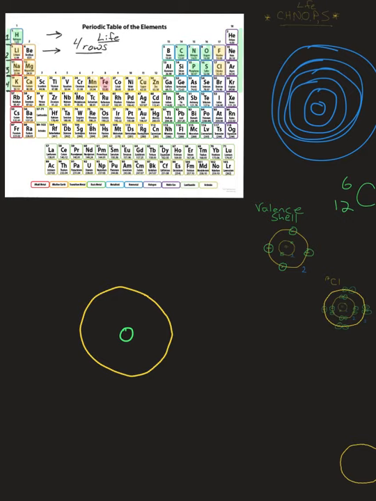Oxygen has how many in the outer shell? This is the valence shell. It's only 6, so I can go ahead and put 6 electrons in the outer shell: 1, 2, 3, 4, 5, 6. And I said when the atom is neutral, there are 6. That's what that number means.